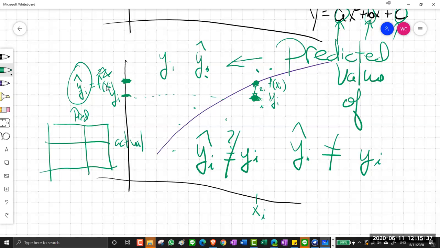Maybe the prediction is perfect, and then they would be equal. But in general, yi hat is not the same as yi. Okay? In fact, I guess we could say yi is equal to yi hat plus epsilon i. Okay? Okay, that's all for today.